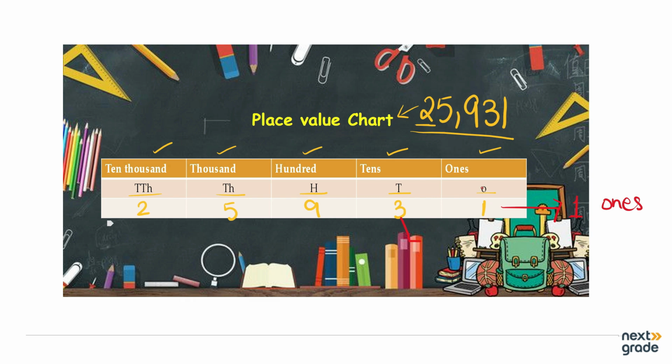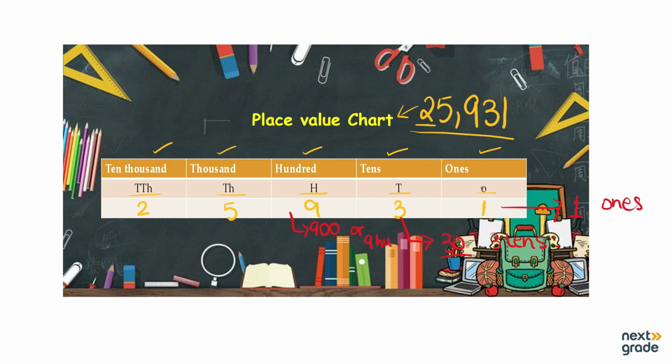This digit is at the place of tens, so we will write it as 30, or say it as 3 tens, right? Likewise, if I have 9 over here, I'm going to call it 900, or 9 times 100, right?